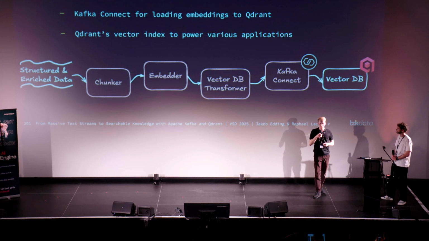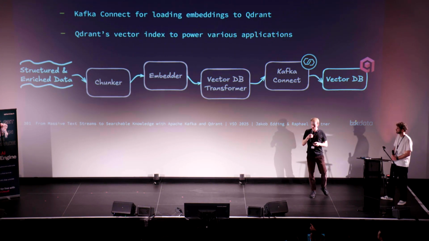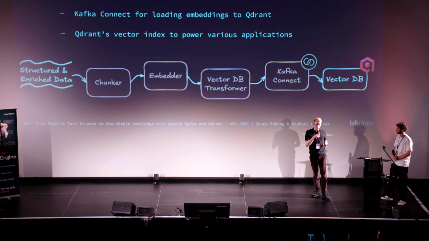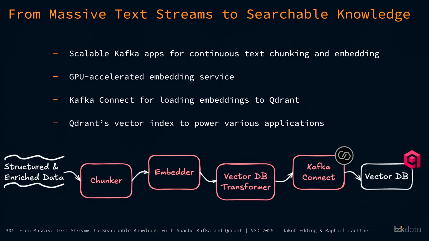Raphael also talked about the embedding service that runs on the GPU that we use. You can also scale that as you want. And then we're using Kafka Connect for loading embeddings to Qdrant, and the scalability is also built into Kafka Connect. So there you can have multiple workers, so to say, that can load the data to Qdrant, and then you just need to make sure that your Qdrant vector database is beefy enough and you're using the distributed mode so that it can accept all the data as well.